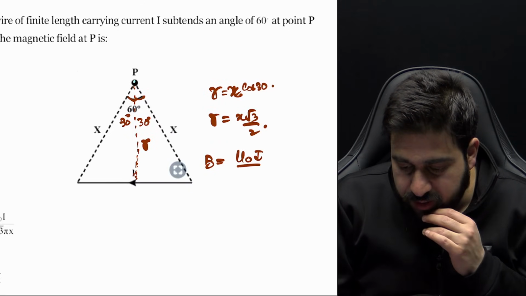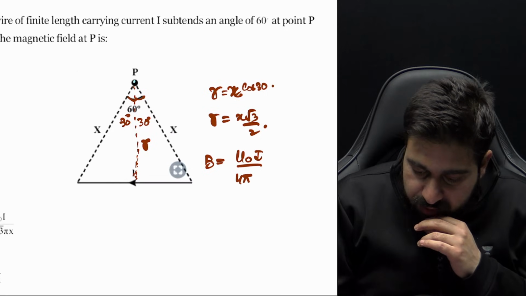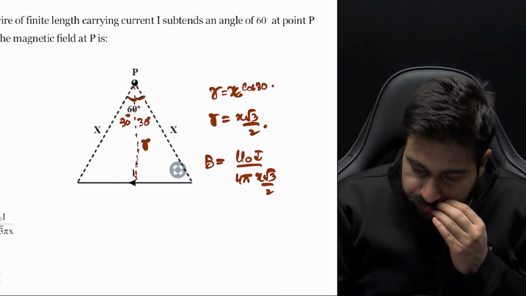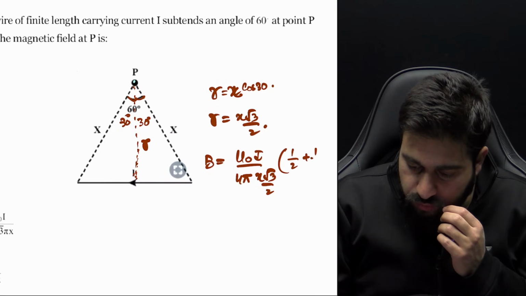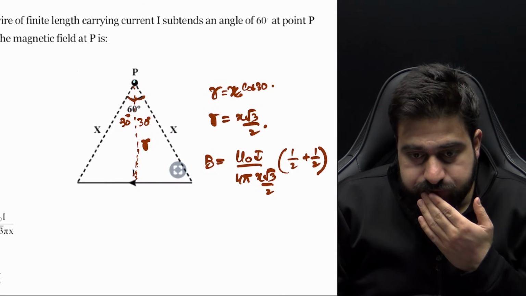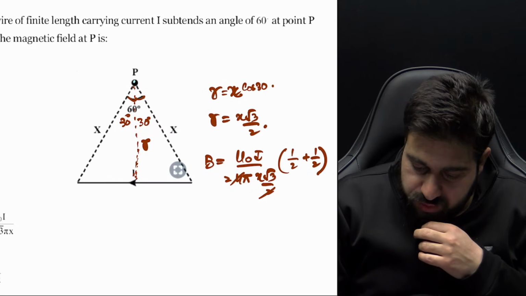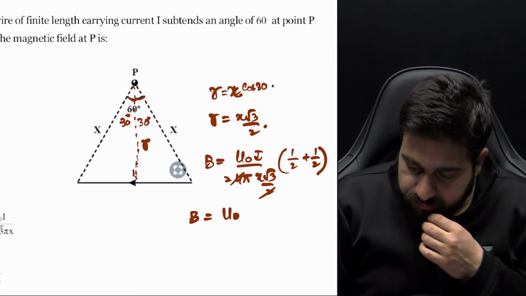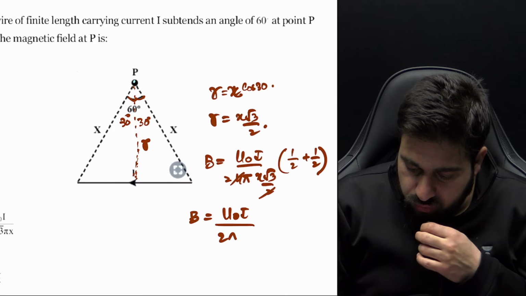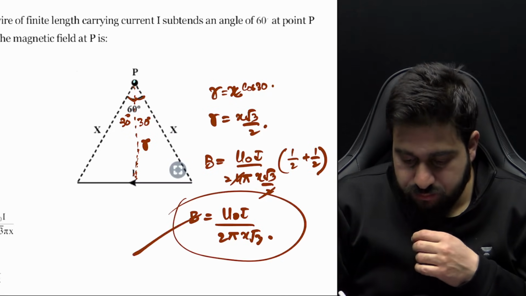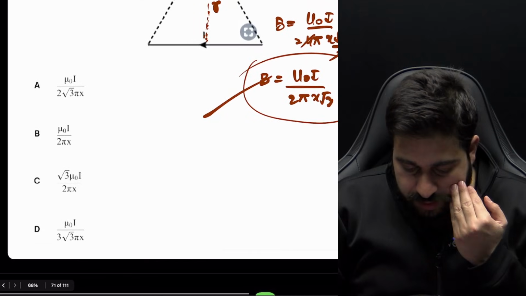Mu naught I divided by 4 pi R. Instead of R, it will be X root 3 by 2. Then sine 30 is 1 by 2 plus sine 30 is 1 by 2. 2 ones are 2, twos are 4. The magnetic field will be mu naught I divided by 2 pi X root 3.